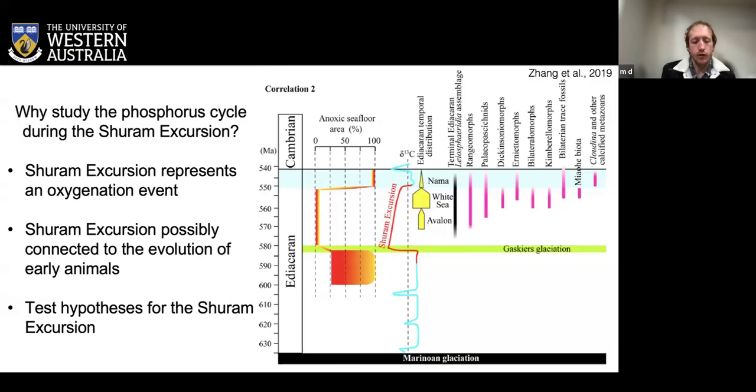And during this Shuram excursion period, an oxygenation event, we see some evidence for the evolution of early animals. So it's a really interesting time, not just from a carbon cycle perspective, but also from what that was doing to our oxygen cycle and the evolution of oxygen-dependent animals.